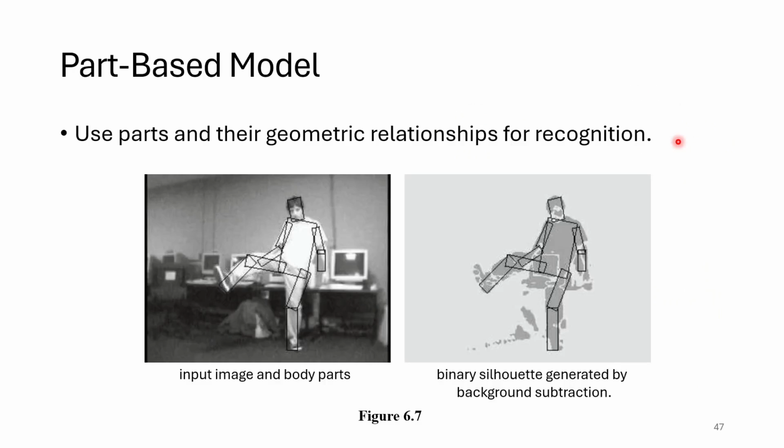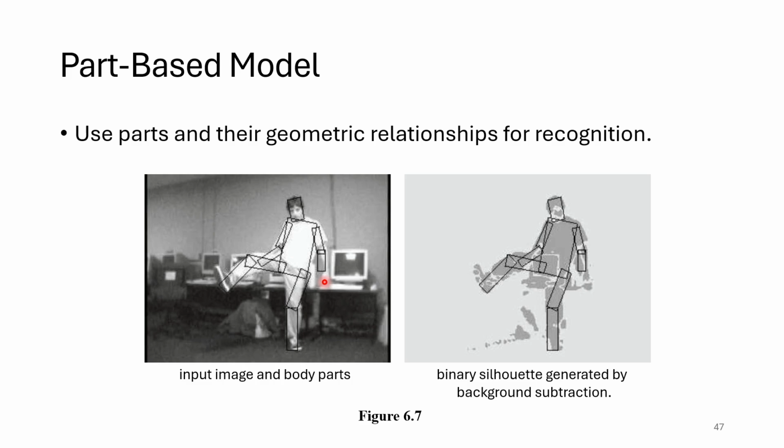Okay, so another method to recognize images is called the part-based model. And this example is given in our textbook. So what does part mean? They will recognize certain geometric parts of an object and retain their geometrical information.